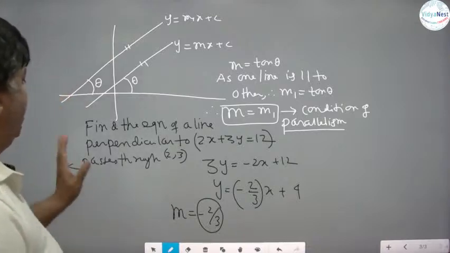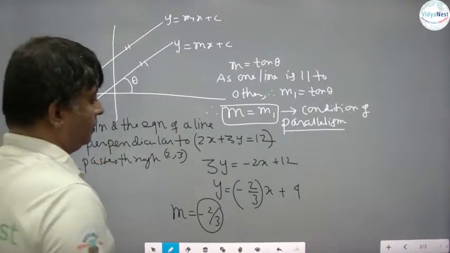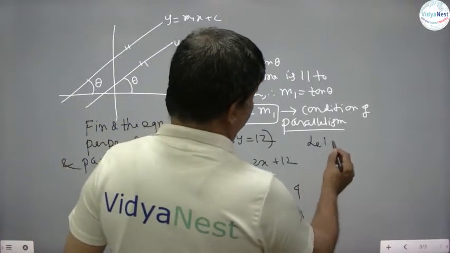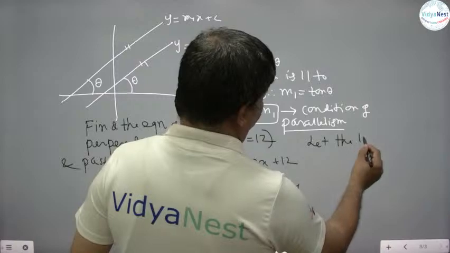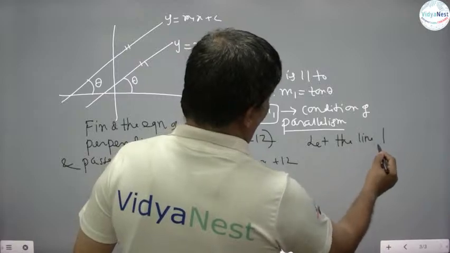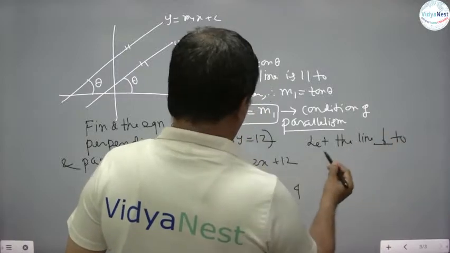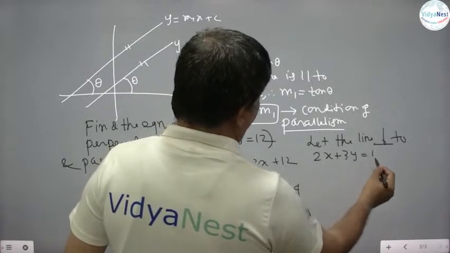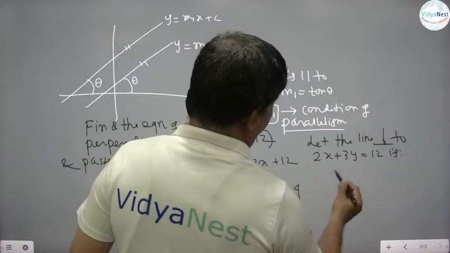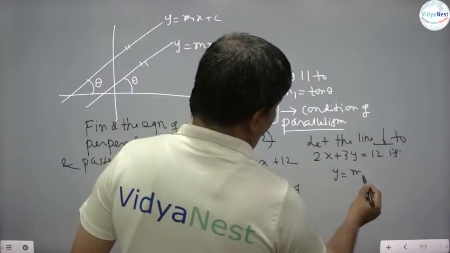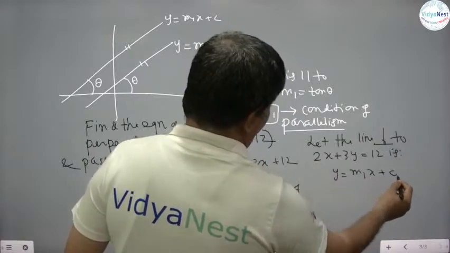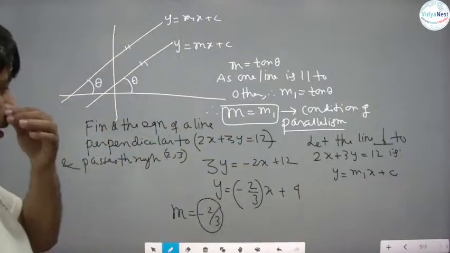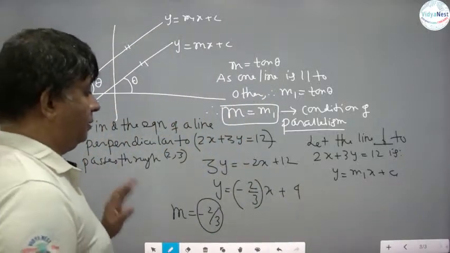Now the line perpendicular to 2x + 3y = 12 is y = m1x + c1.